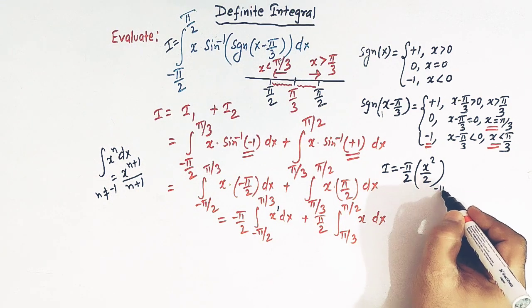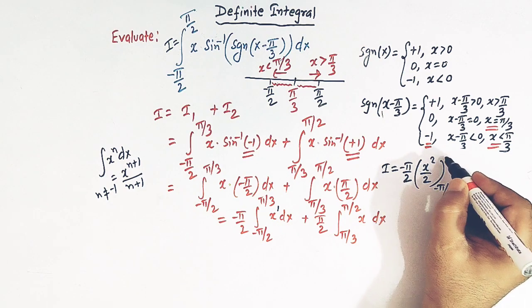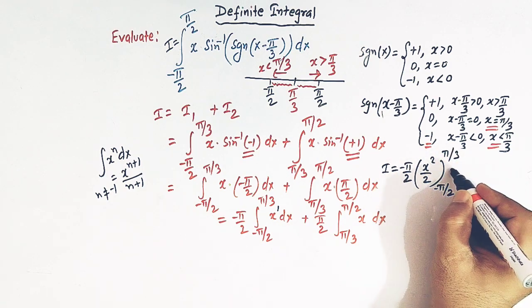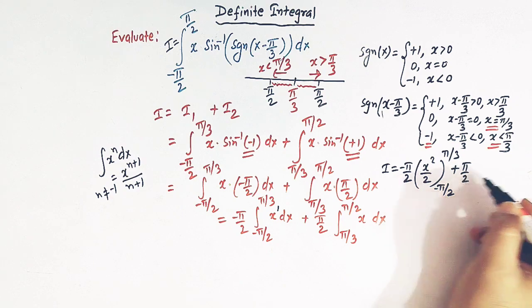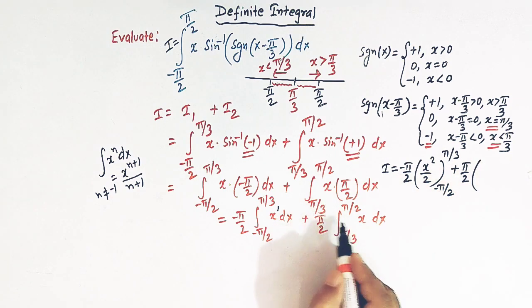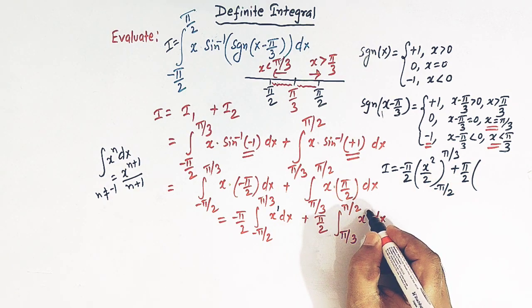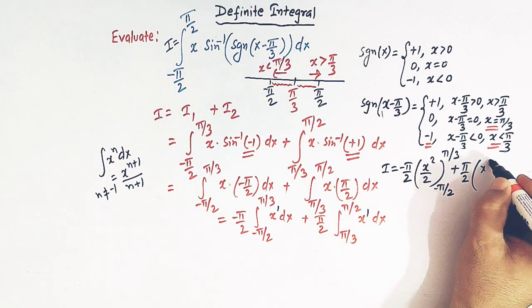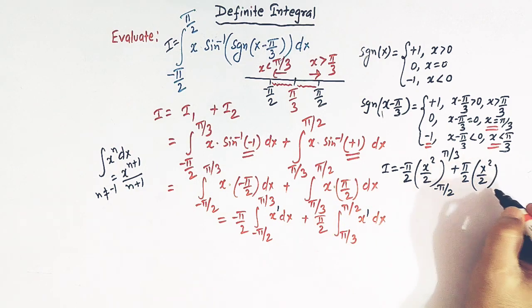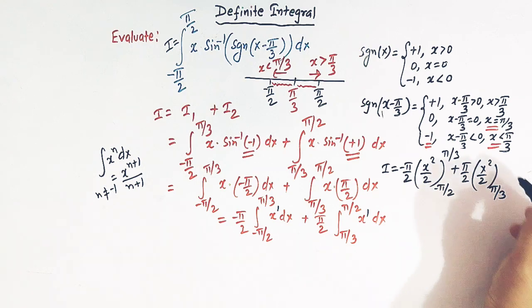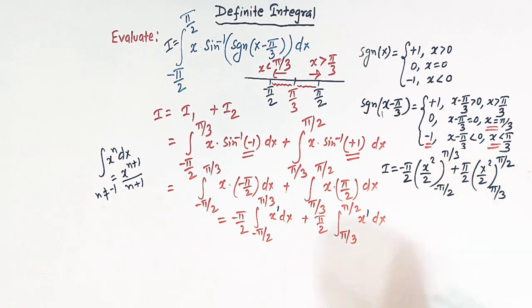So here limits of integration are from minus pi by 2 to pi by 3. Then here we have pi by 2, and again here we have the exponent 1. So we have x square over 2, and the limits are from pi by 3 to pi by 2, right?